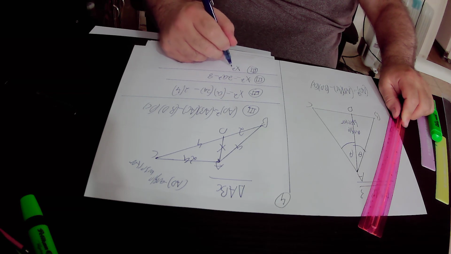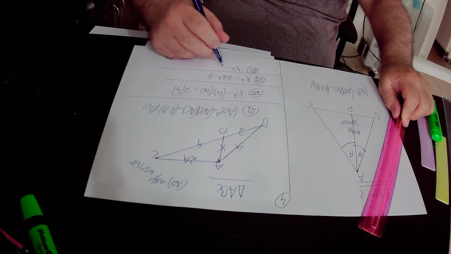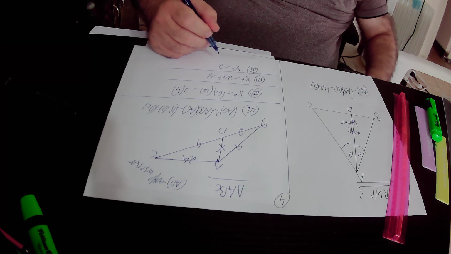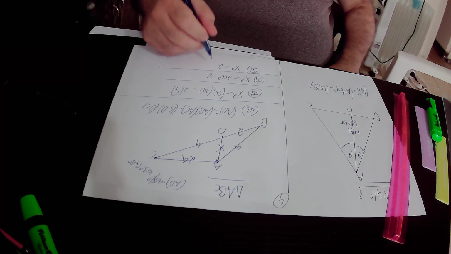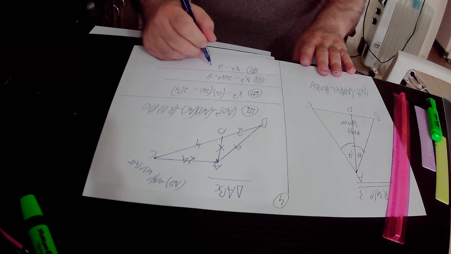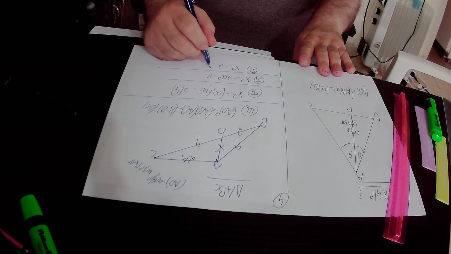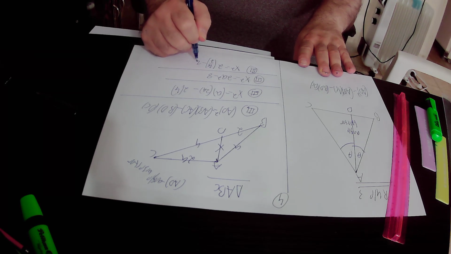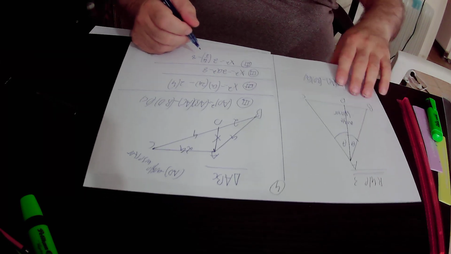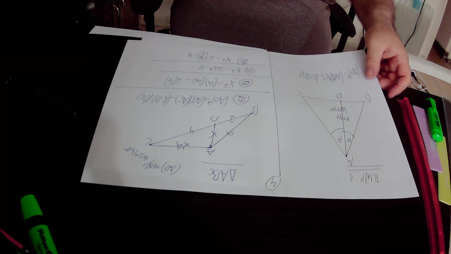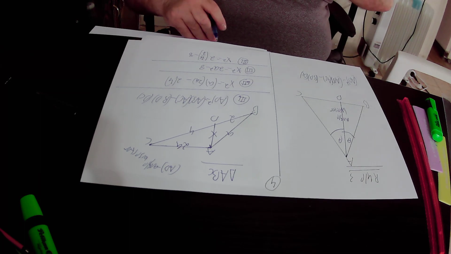So x squared according to equation number 3 equals 2 times A squared minus 8. We already found out that A squared equals 36 over 7, so we'll substitute A squared in equation number 3 by 36 over 7 minus 8. 2 times 36 is 72.